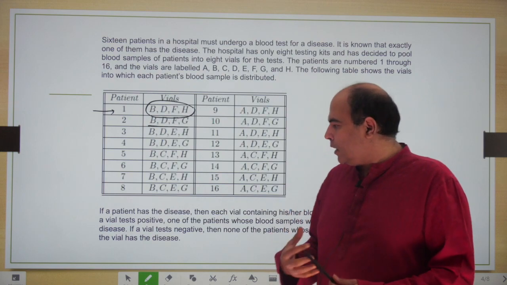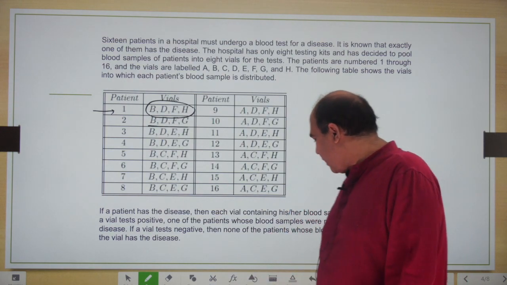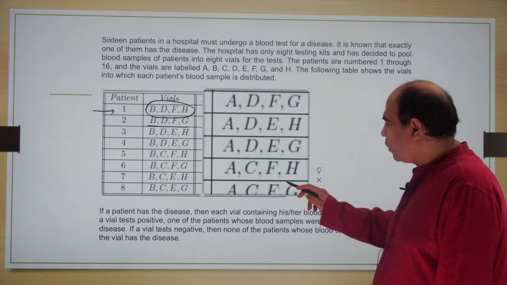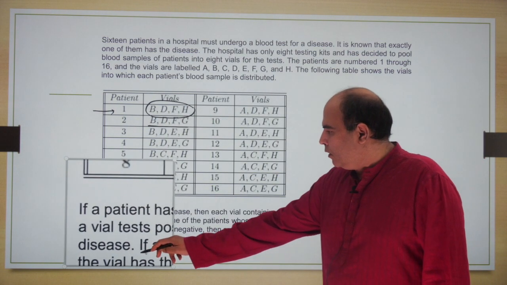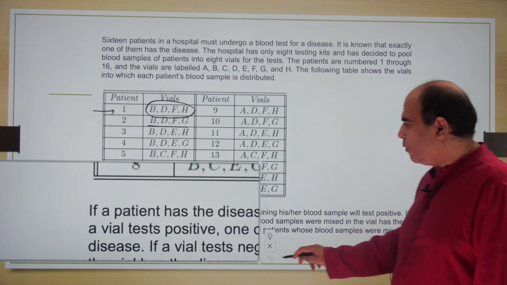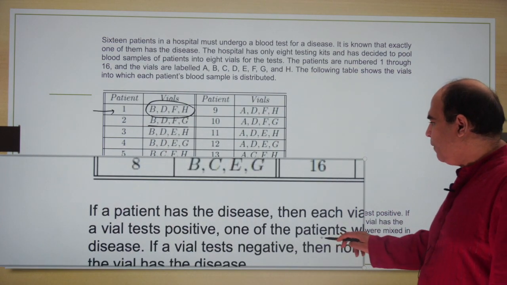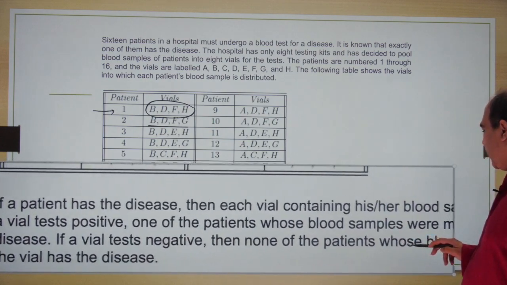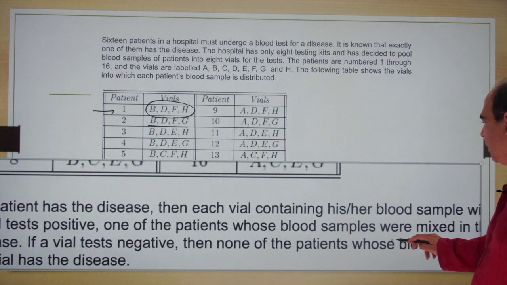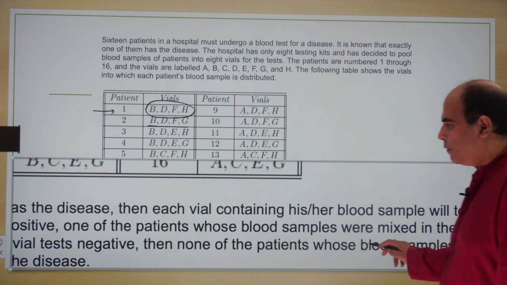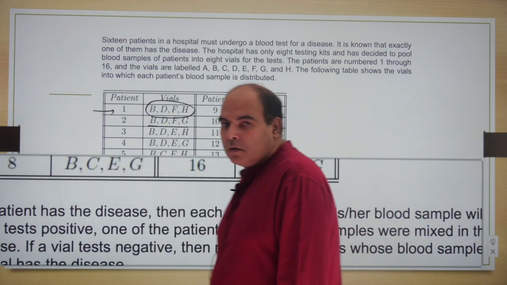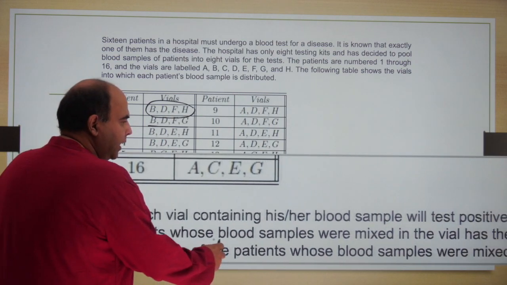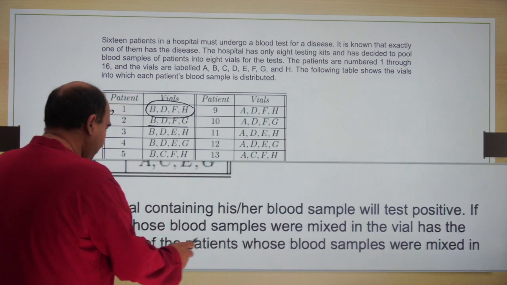Right, so the remaining part of this question is pretty logical. If a patient has the disease, then each vial containing her blood sample will test positive.